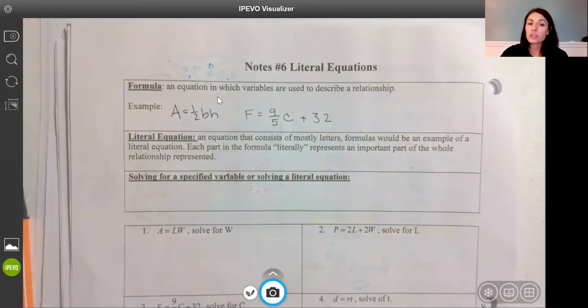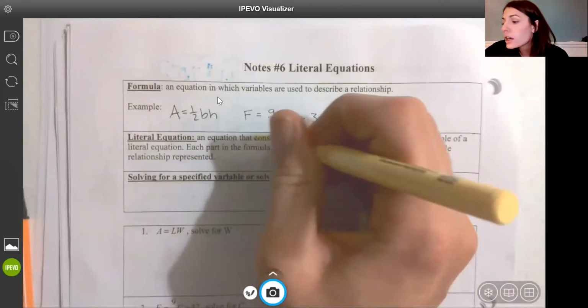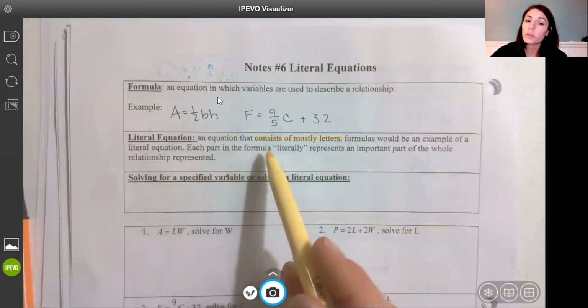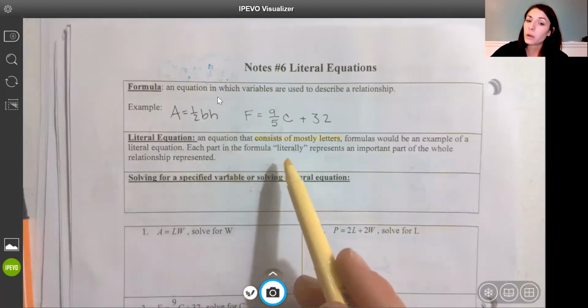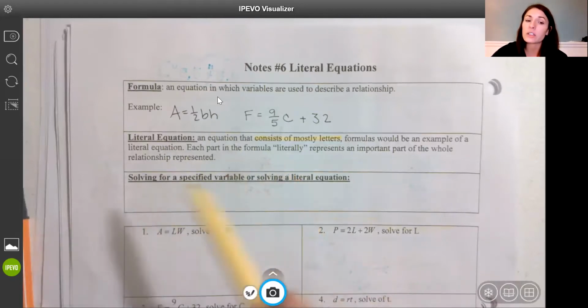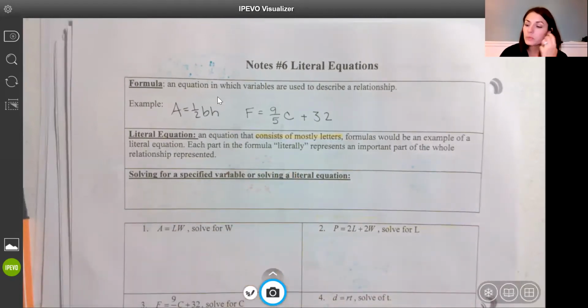A literal equation is an equation that consists of mostly letters, or mostly variables. Meaning that now, instead of just having x or a single variable that we're isolating, there are several variables. Each part of the formula literally represents an important part of the whole relationship being represented. So that's our definition of a literal equation.